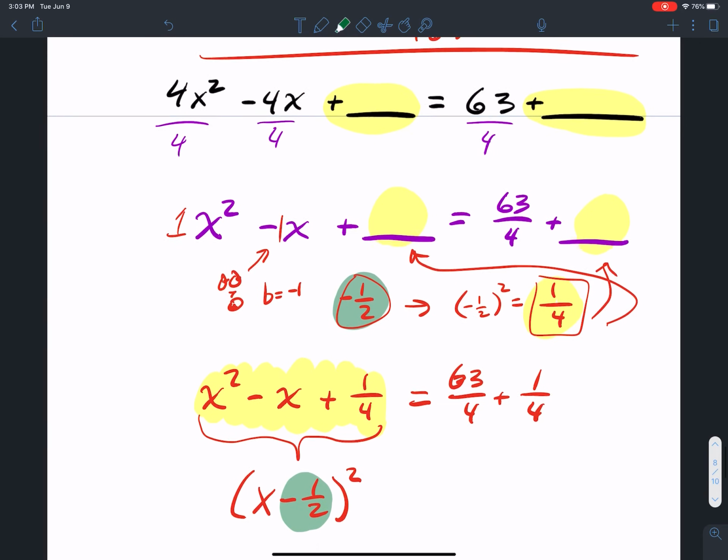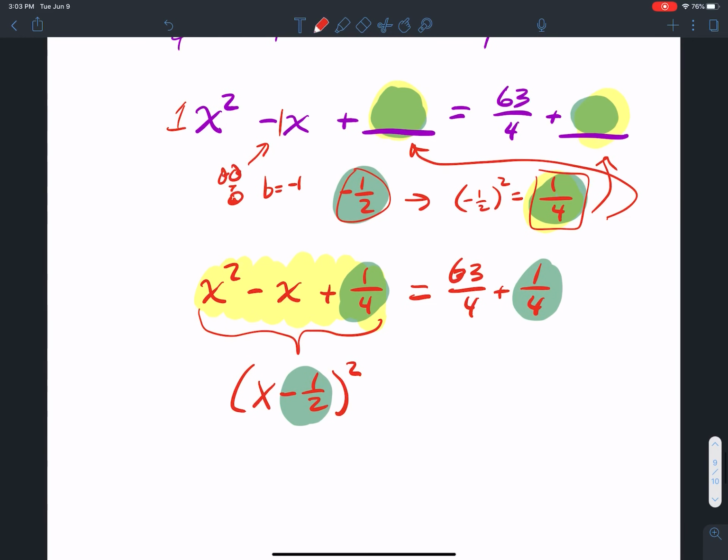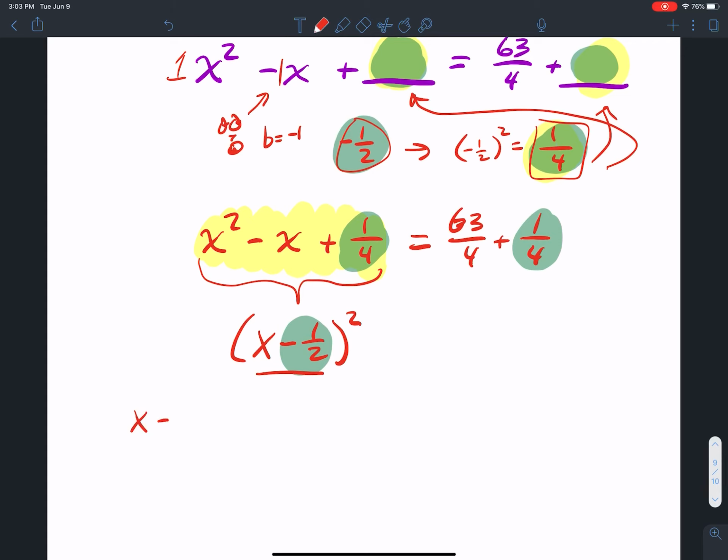So when you half it, whatever you half goes into the parentheses, and when you square it, whatever you square goes into your blankety blanks. So I knew right off the bat that this was going to factor to that. And if you multiply this out, you would see that you would get x squared minus 1/2 x minus 1/2 x and then plus 1/4.